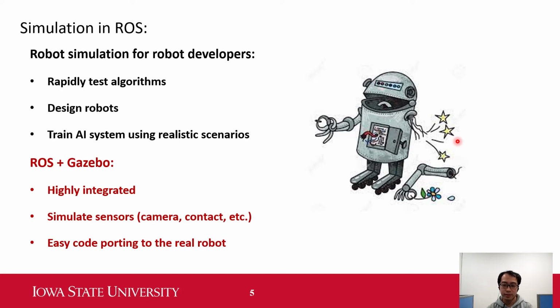Another highlight of ROS is the simulation. Simulation is crucial for developers. Once we develop a program, we need to test whether it is functioning or not. If we directly try it on a real robot, there is a risk it can go crazy and break itself. So we try it in simulation first, and it takes less time too.